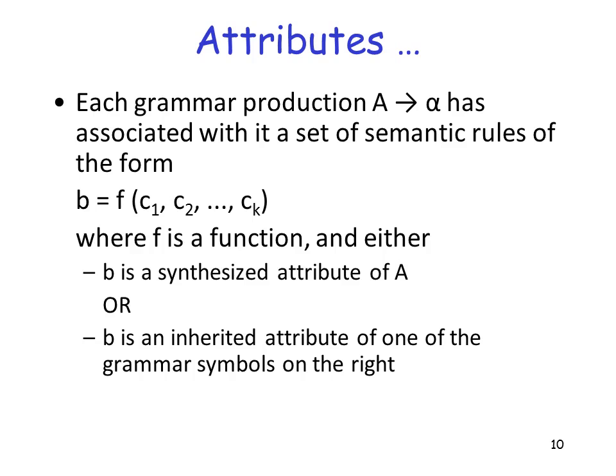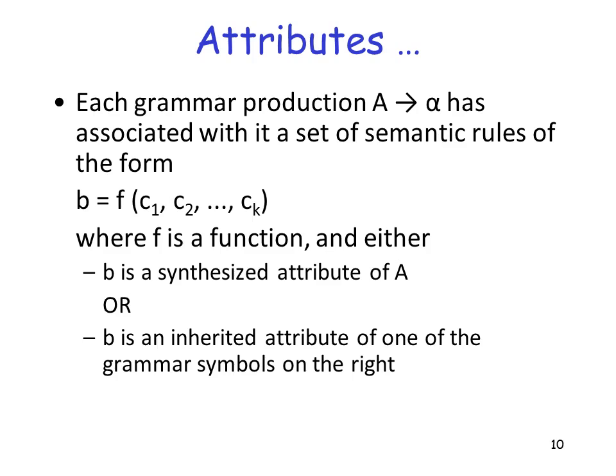Associating with the production A gives alpha, we can explain this as follows. b can be thought of as a synthesized attribute for the non-terminal capital A. Synthesized means the attribute value can be computed from the values of its children nodes. That means c1, c2, etc. ck are assumed to be the attributes of alpha.